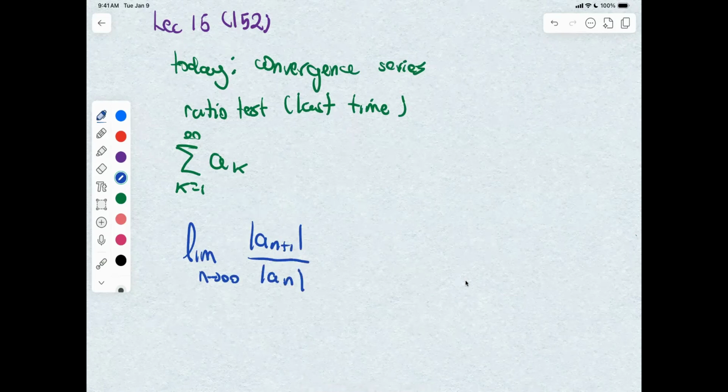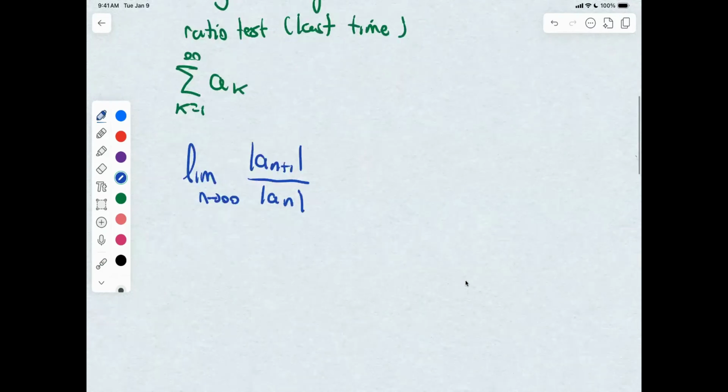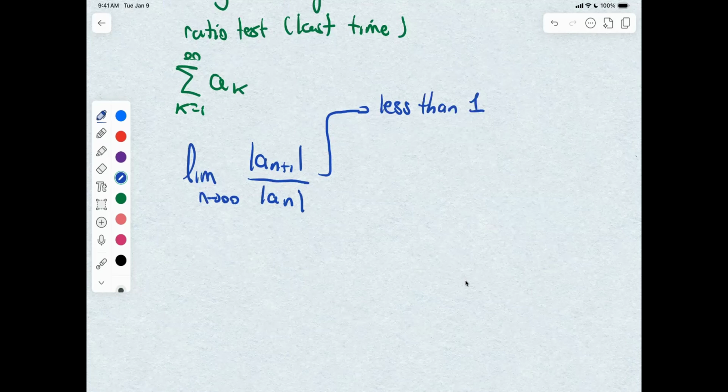I told you that there are three possibilities for what this could be. If this limit is less than 1, then the series converges absolutely, which means that both with absolute values and without absolute values, it converges.